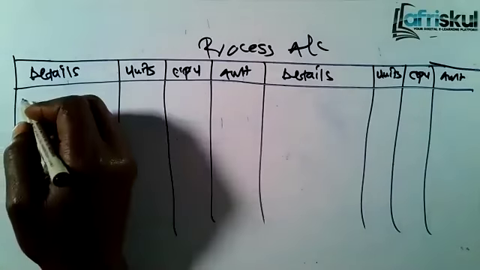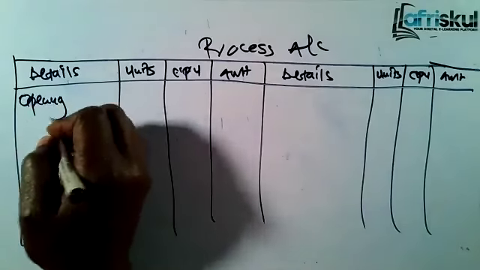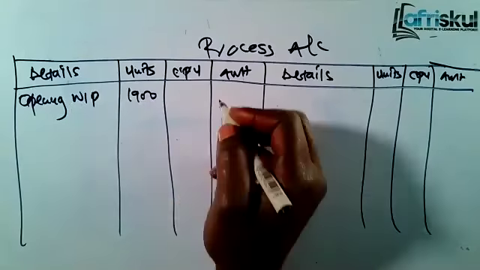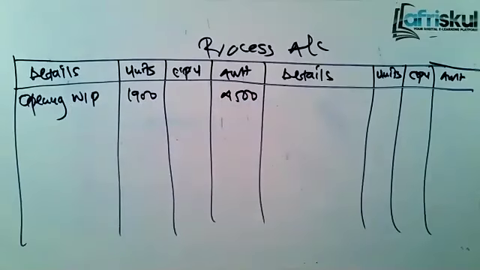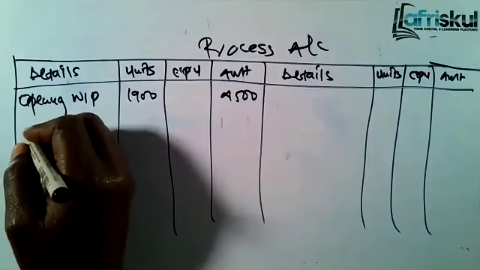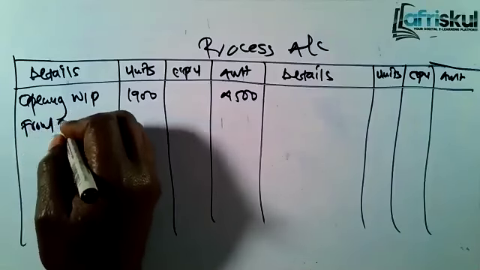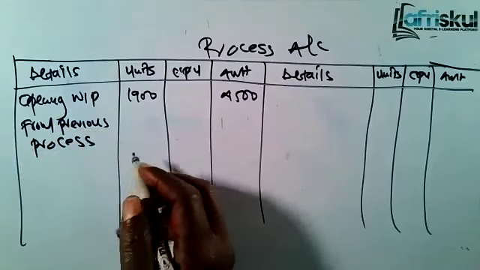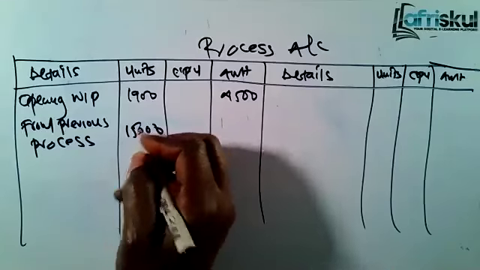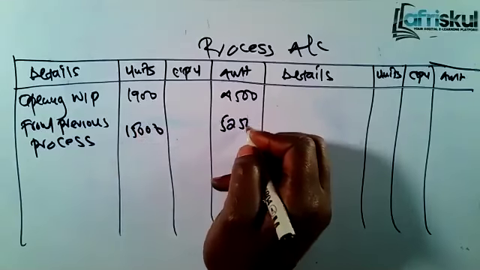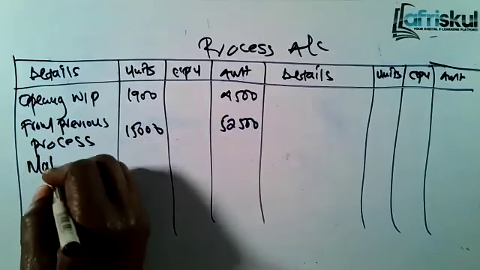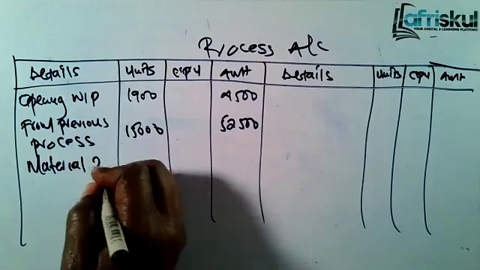Input: it was opening WIP units, 1,900. The total cost was 4,500, given. From the previous process, material from previous process, 15,000 units. The value was 52,500, given. And then we have input material, that is, material 2.